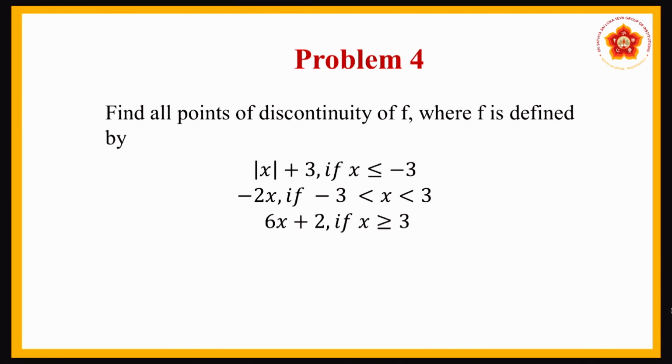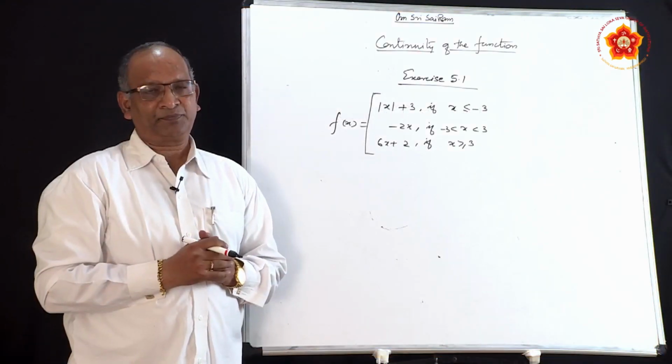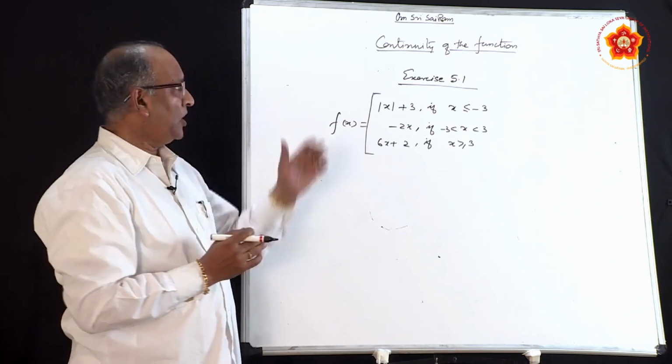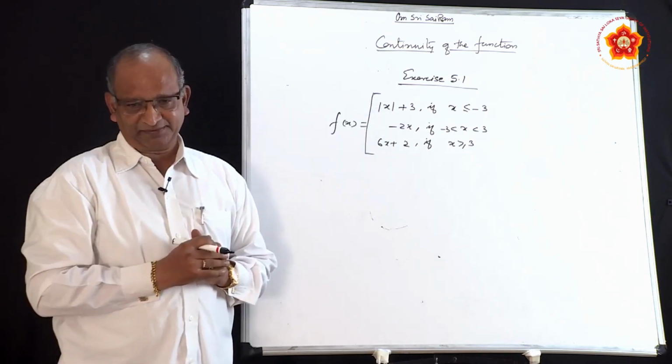The first one is when x is less than or equal to minus 3. Second one is greater than minus 3 but less than 3, and this is greater than or equal to 3. Like last problem, he is asking find all points of discontinuity.